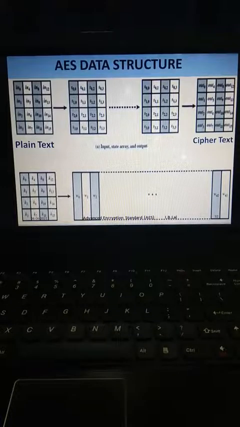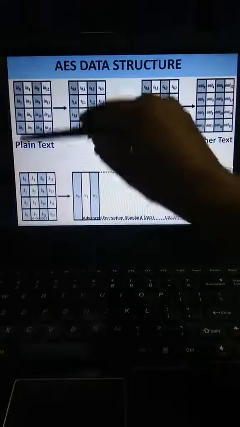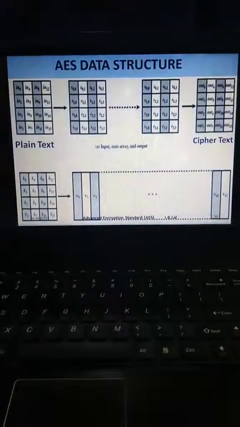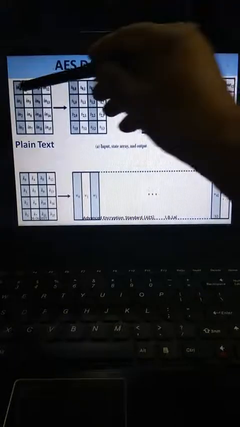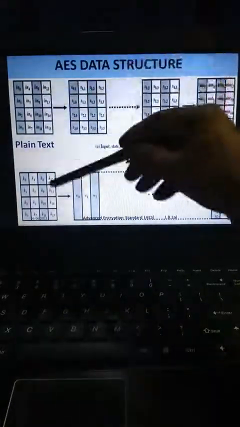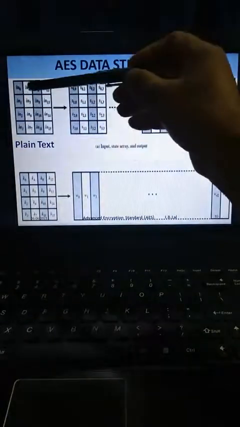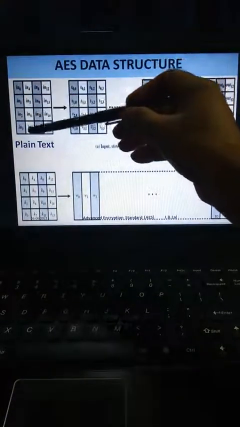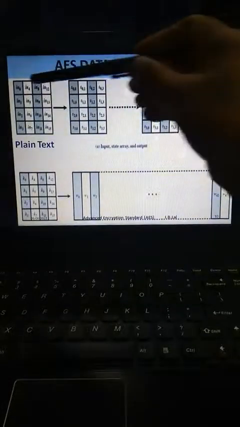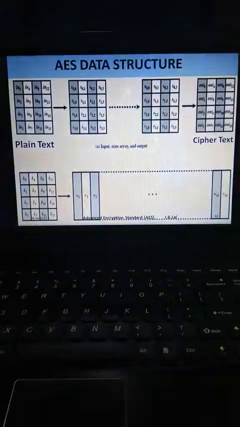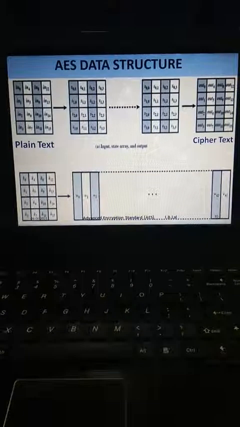Here the 128 bits are represented in a 4 into 4 matrix in the form of bytes. This is one column, second column, third column, and fourth column. This is input 0, input 1, input 2, input 3, input 4, input 5, 6, 7, and so on. So one cell contains 1 byte, meaning 8 bits.